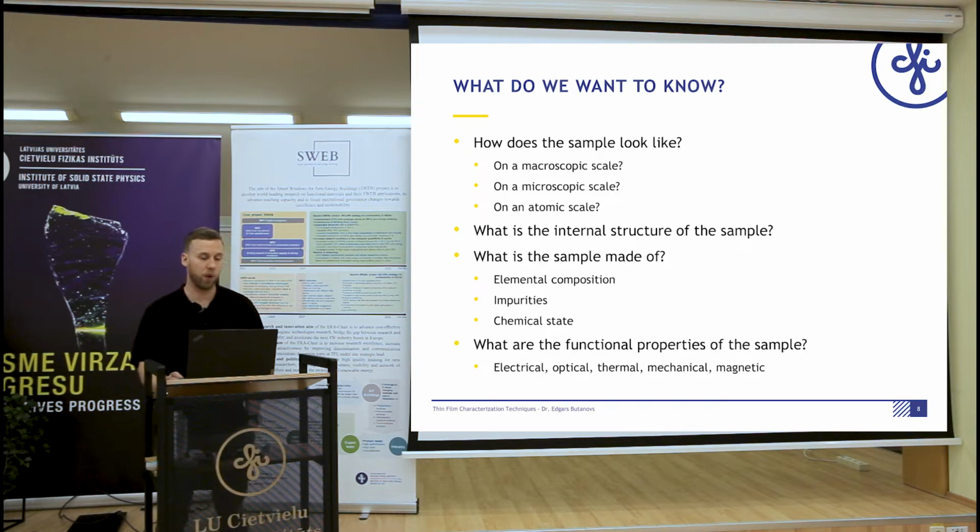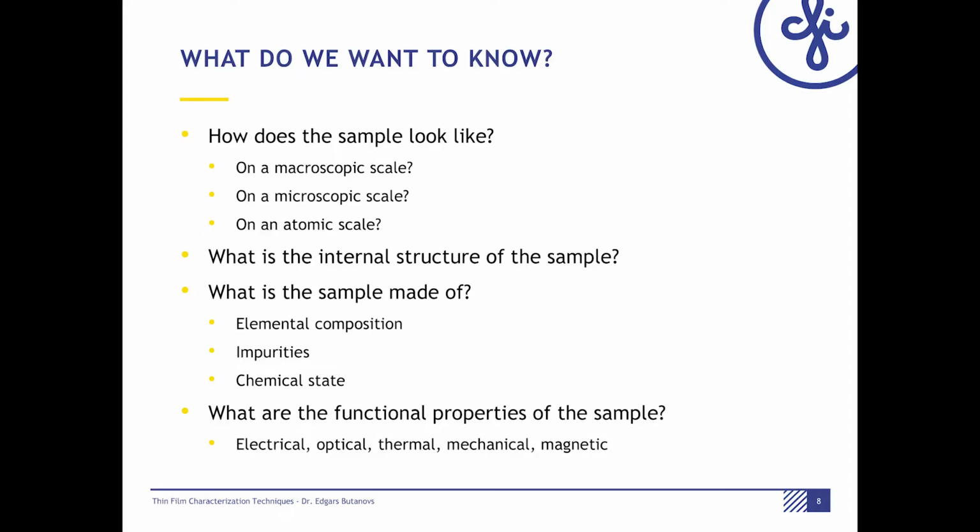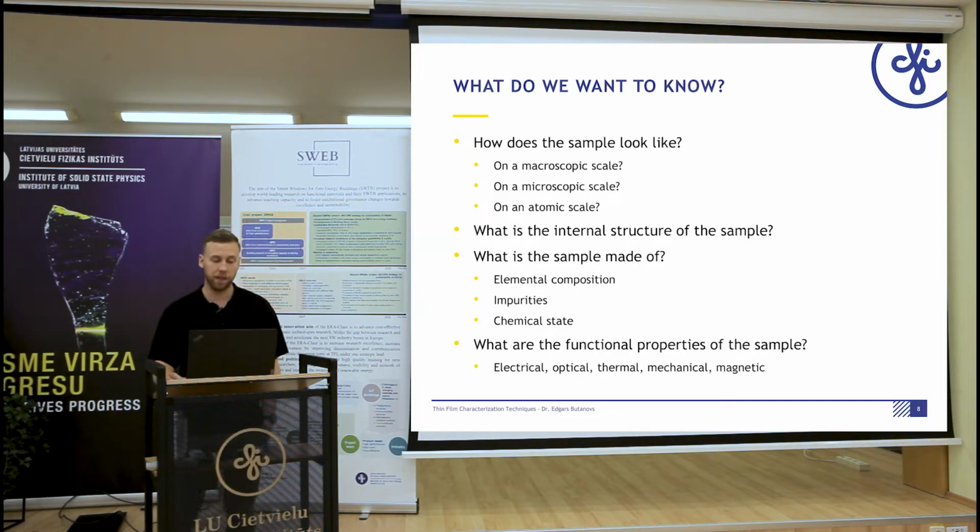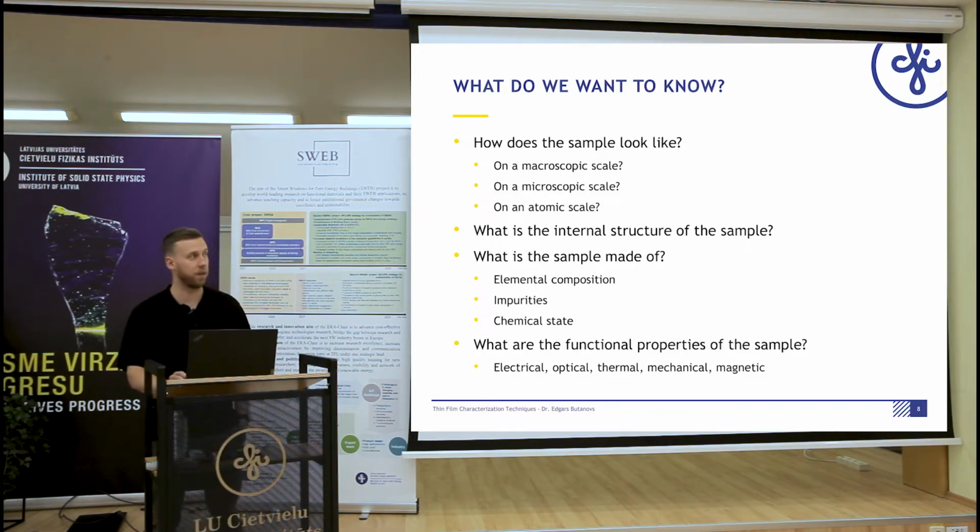Then we want to know what the sample is made of, so its elemental composition, impurities, chemical state, and some other things. And then, mainly for applications, we are interested in what the functional properties of our sample are. It could be electrical, optical, thermal, mechanical, or magnetic properties. But this part will be out of the scope of this current lecture.